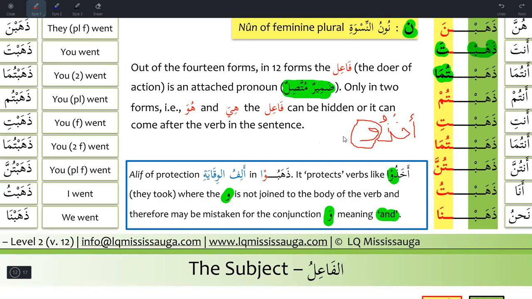This waw is part of akhazu, it is subject here, fail here. So that's why we put an extra alif to protect the akhazu and we can pronounce it properly.